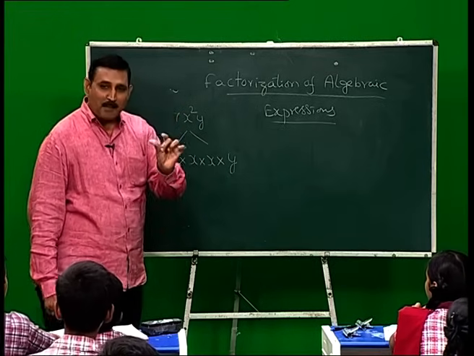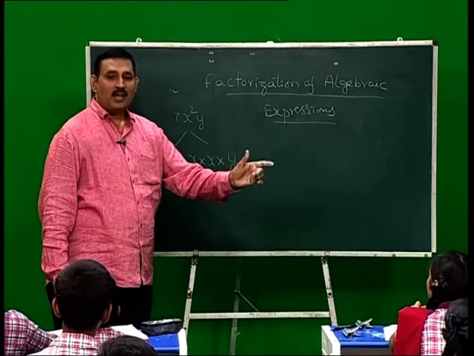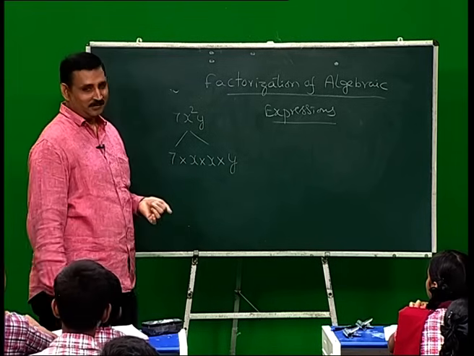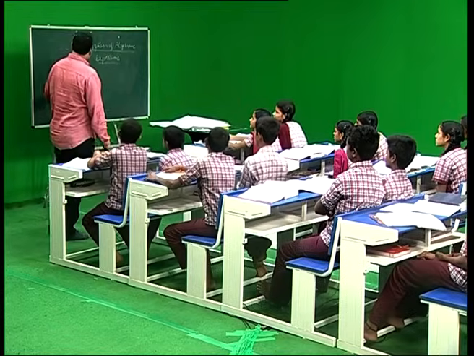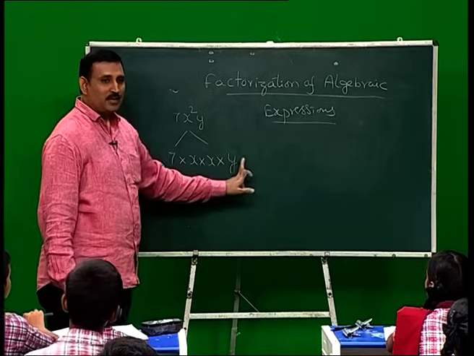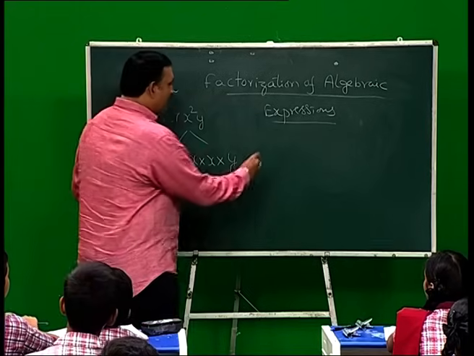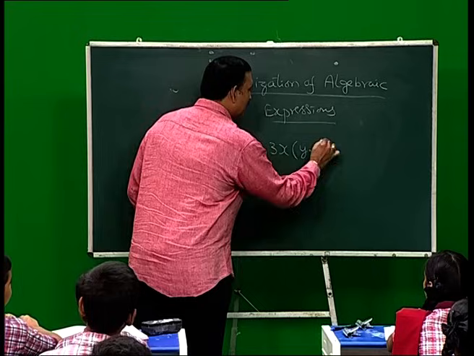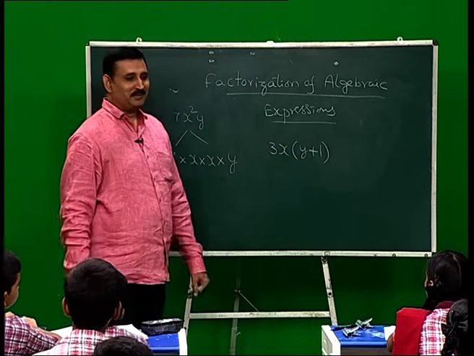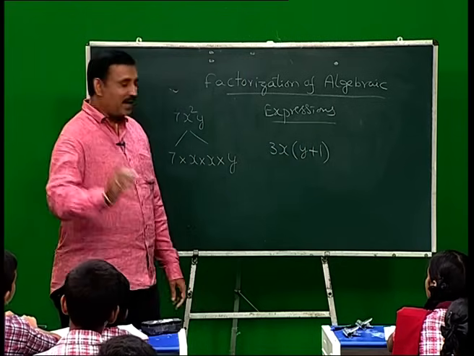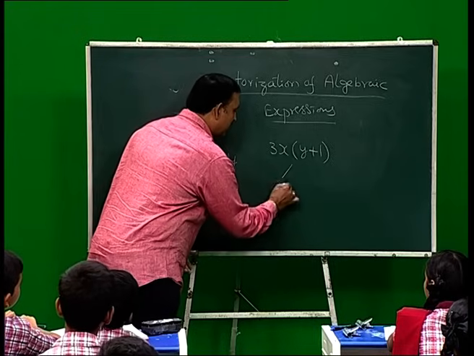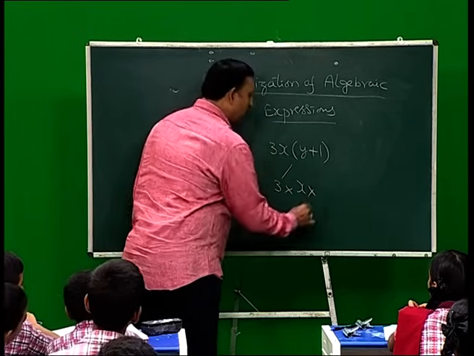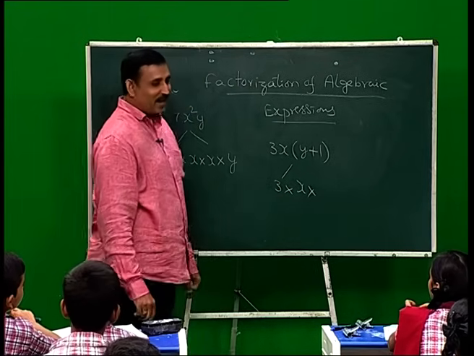If it is a number, we call it a prime factor. And if it is a variable, we call it irreducible factors. For example, I gave you 3x into y plus 1. What are the factors in this? 3 is prime. You can write 3 into x into y plus 1.